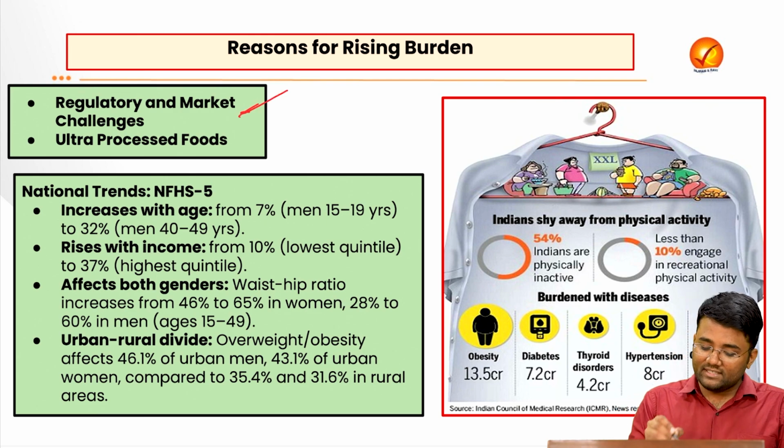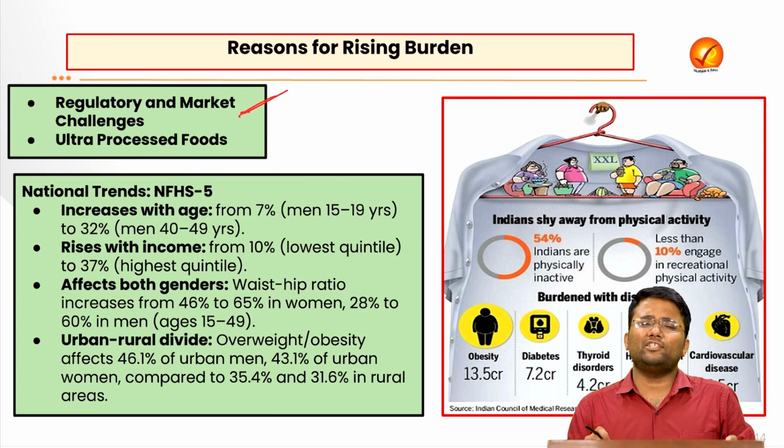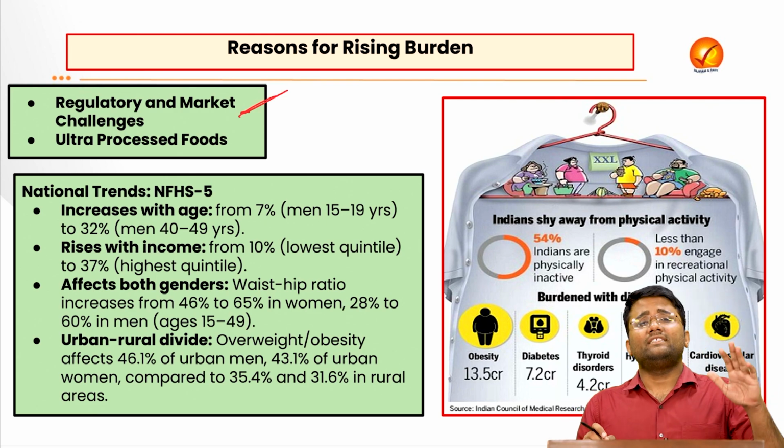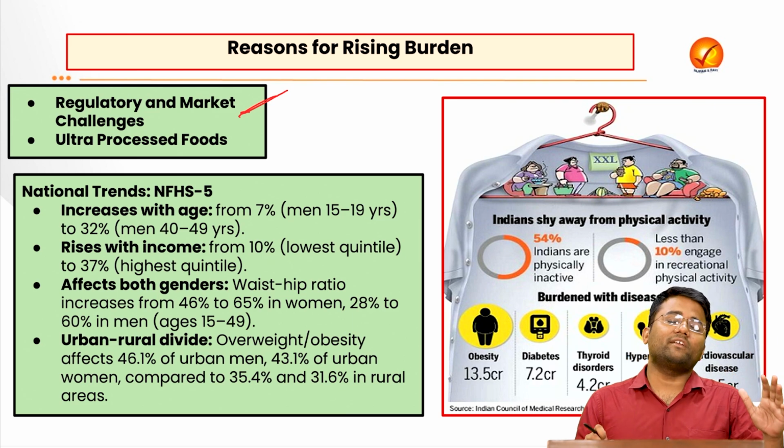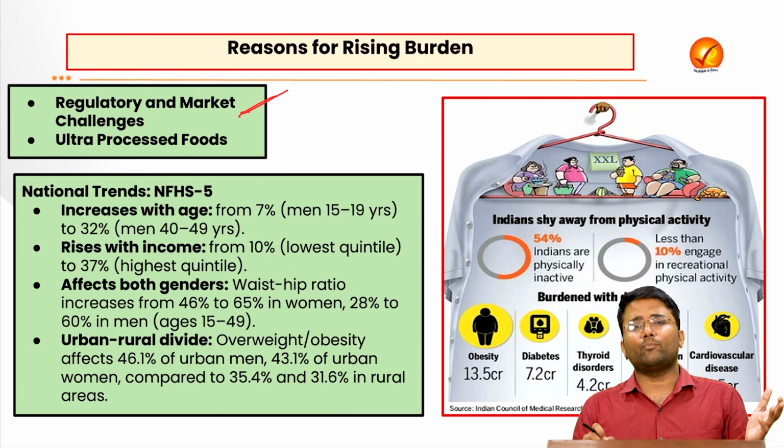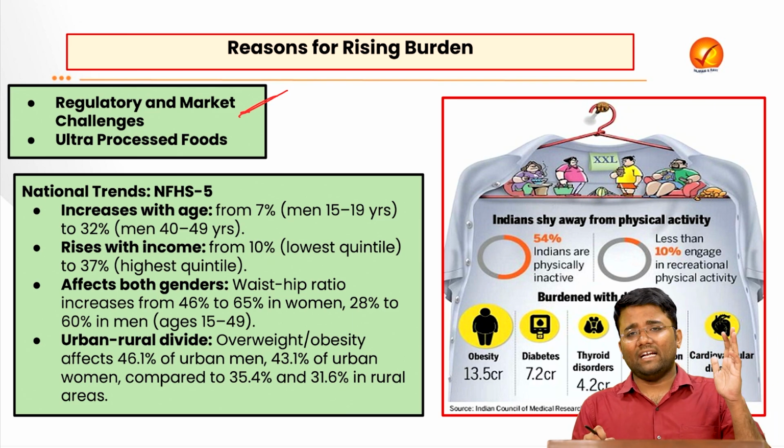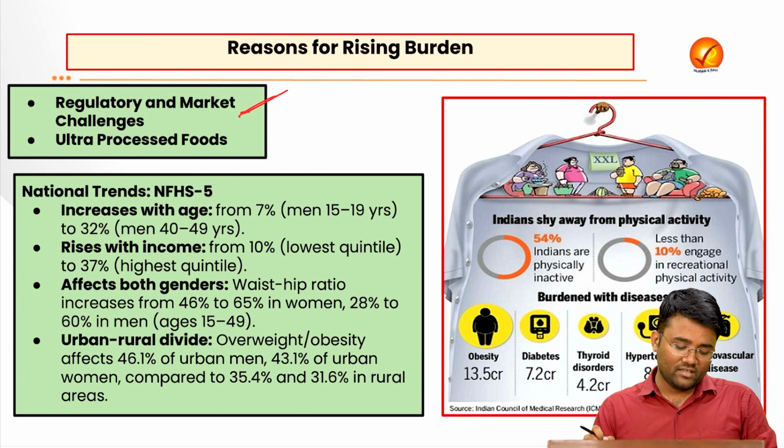Also, these are the regulatory and market challenges: as of now there is no strict regulation, no explicit regulation, and that is the reason these ultra processed foods are being sold at a higher rate and consumed at a higher rate.